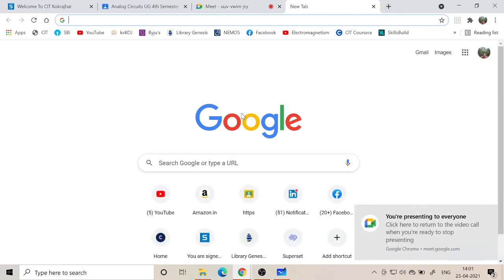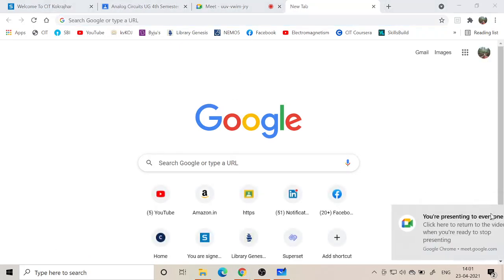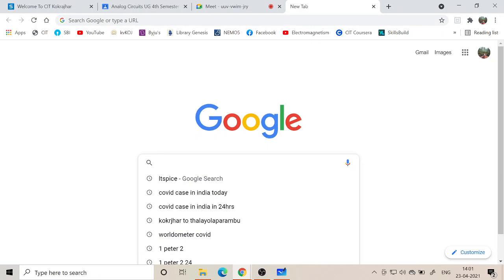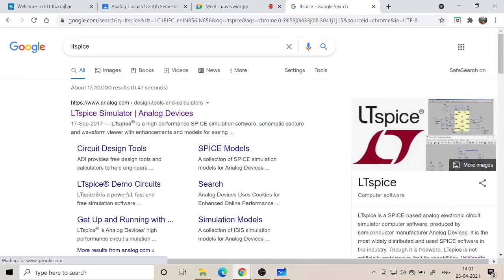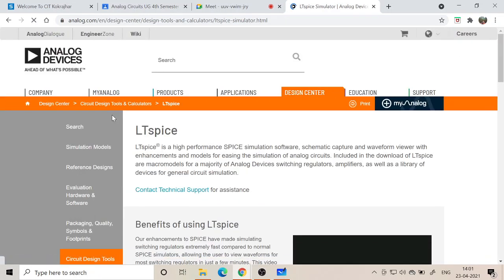In order to download LTSpice, you just Google LTSpice, and the first link you get, you click on that.